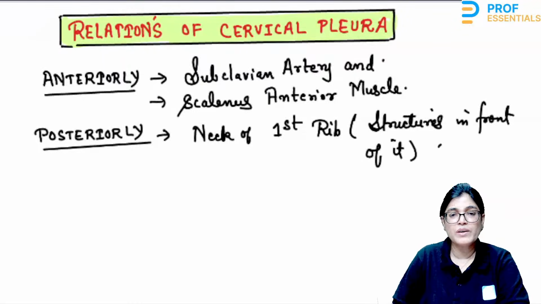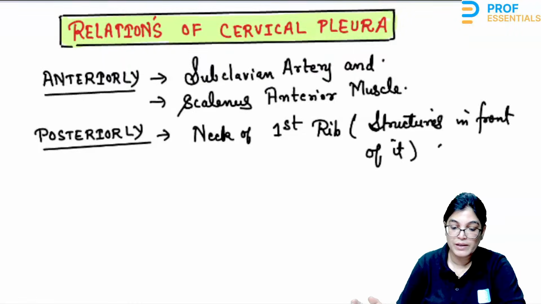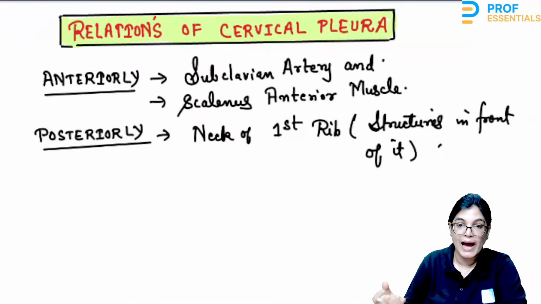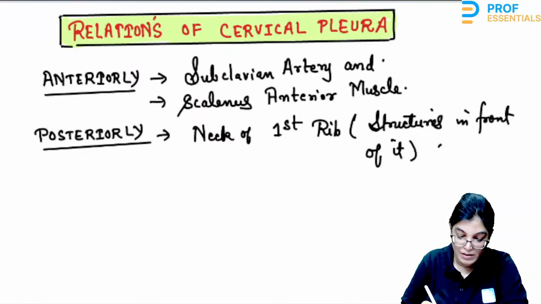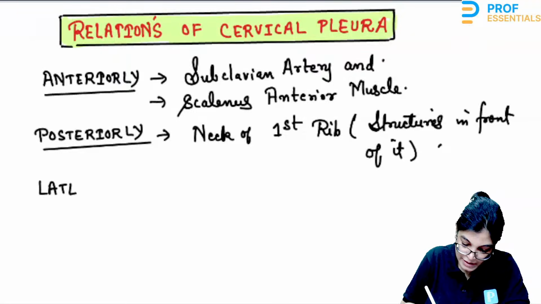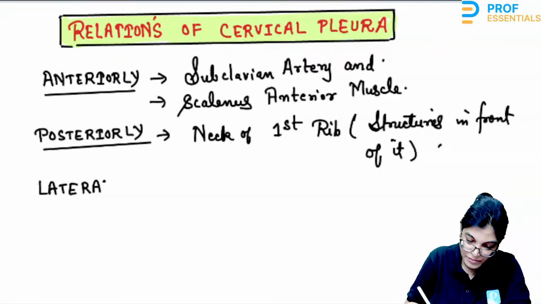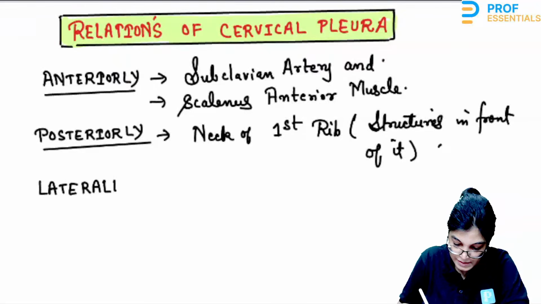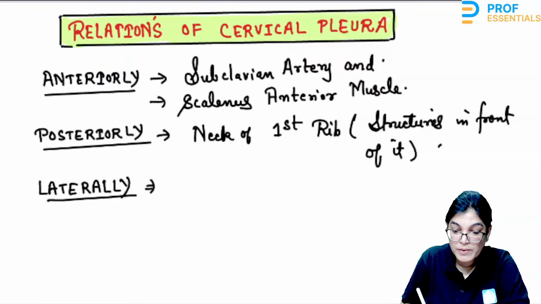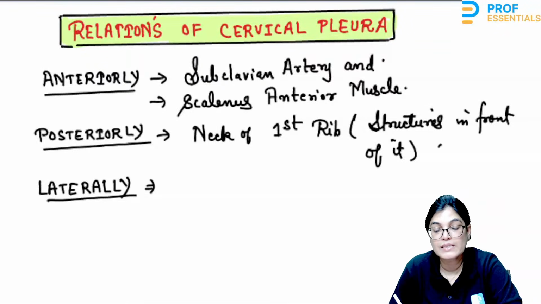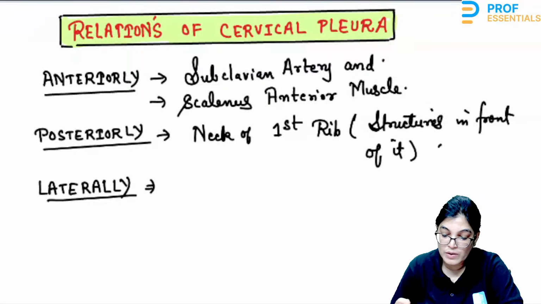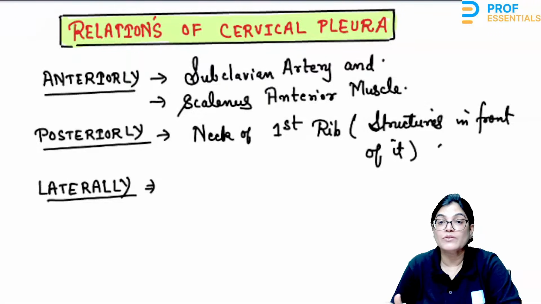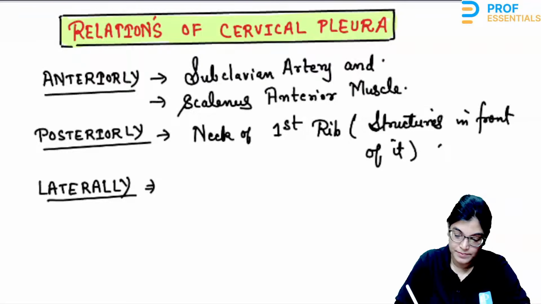The neck of the first rib we already know, we have already talked about that. And on the lateral aspect, we again have the scalenus, so laterally we have the scalenus medius muscle.